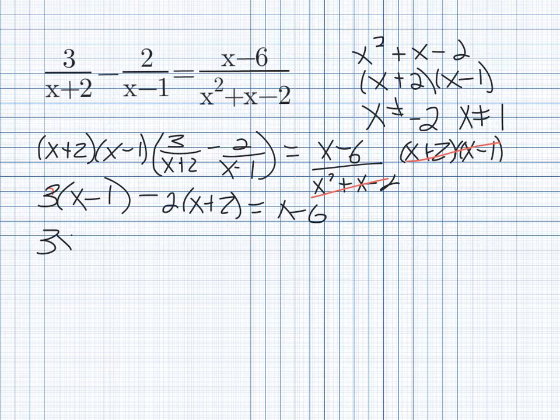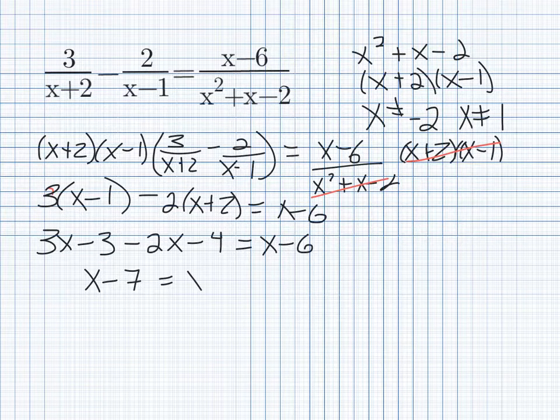So we'll have 3x subtract 3, and here be careful, we're distributing negative 2, so that will be minus 2x subtract 4, and then of course on the other side we still have x subtract 6. Now our job is to combine like terms. So on the left-hand side we're left with x subtract 7, and on the right-hand side we have x subtract 6.